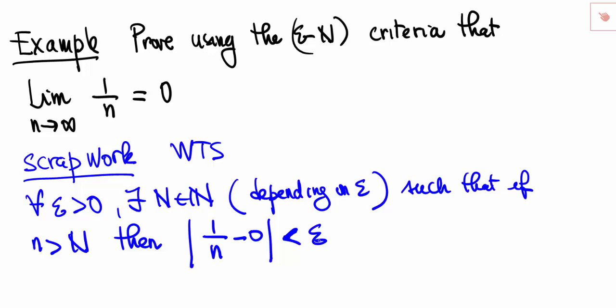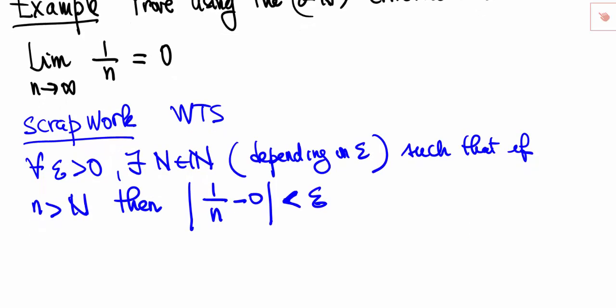To prove that this statement is true, you want to show that if anybody gives you an epsilon, you can find an N which depends on this epsilon, so that provided little n is bigger than big N, then 1 over n is going to be less than epsilon. Let me first look at my conclusion.